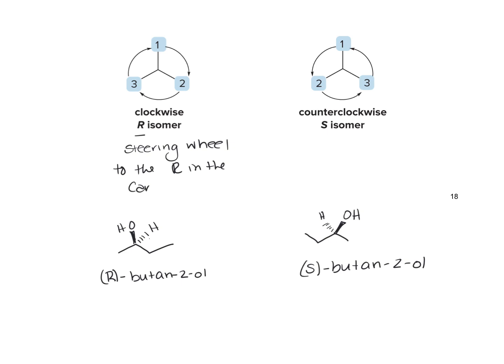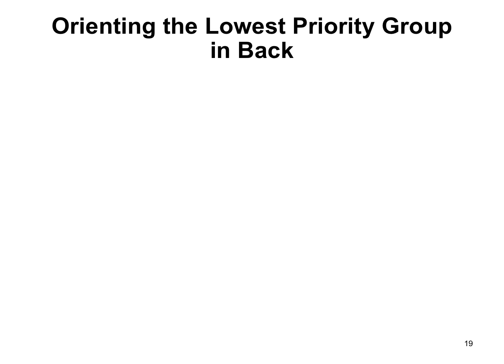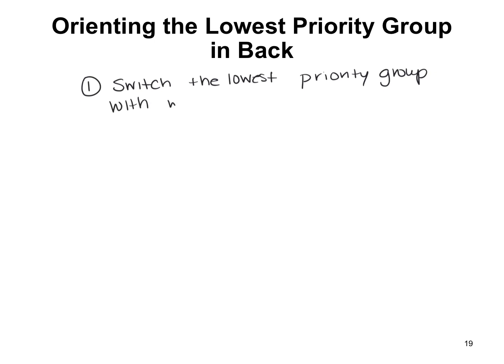So I'm sure the burning question in your heart is, Dr. Pierce, what if the lowest priority group is not on that hatched back wedge? What do I do? It's a great question. The first thing you need to do is you need to switch the lowest priority group with what is on the hatch wedge.